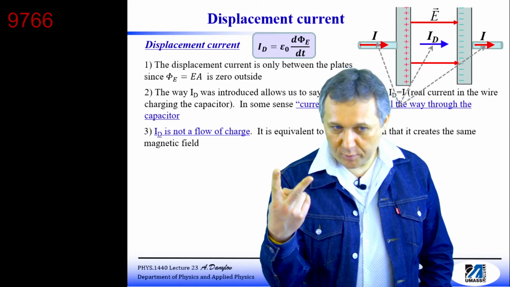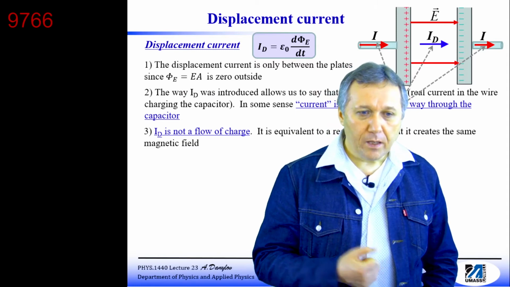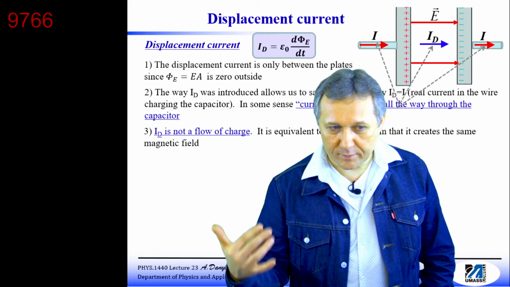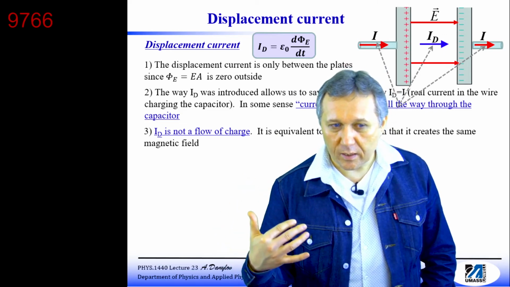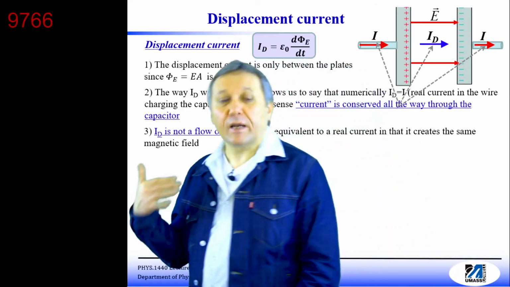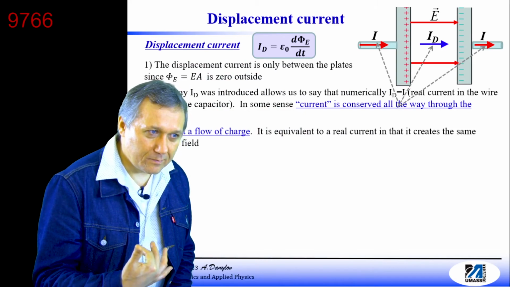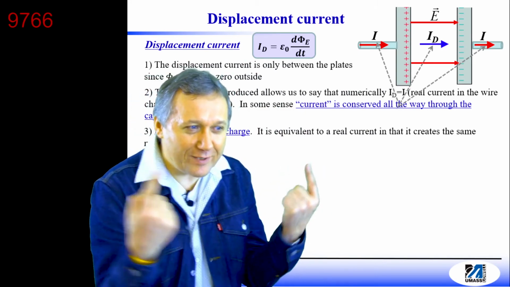They have the same units, amperes. And second, the displacement current produces magnetic field, like actual current. Otherwise, they have nothing in common.